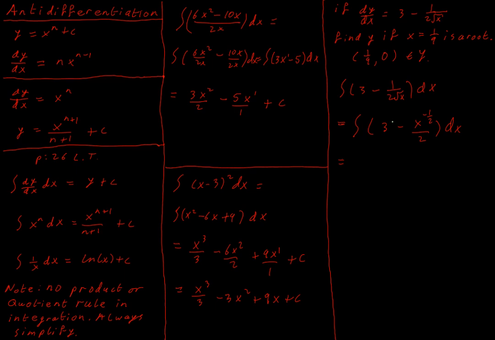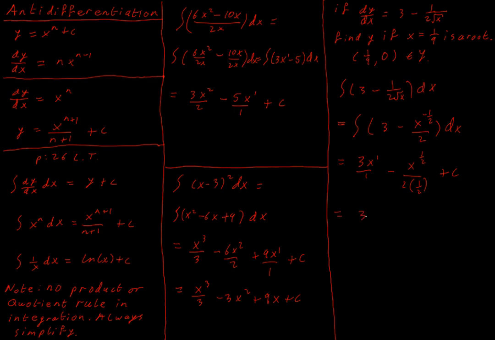So we can integrate. This is 3x to the power of 0, so increase the power by 1 and divide by the new power. And then we have minus x to the power of, increase the power by 1, so add 1 to the power, that's going to be x to the power of a half, all over a half on divide by the new power, plus c.